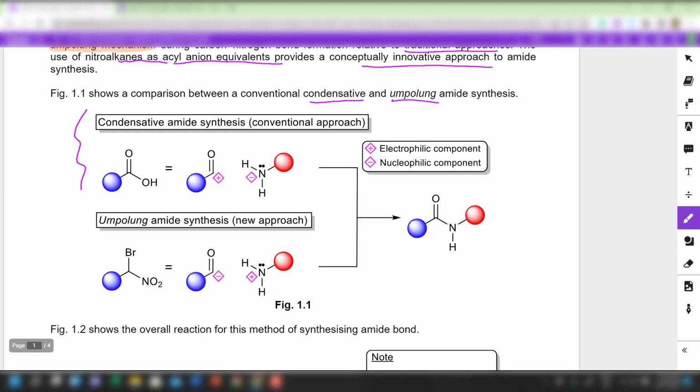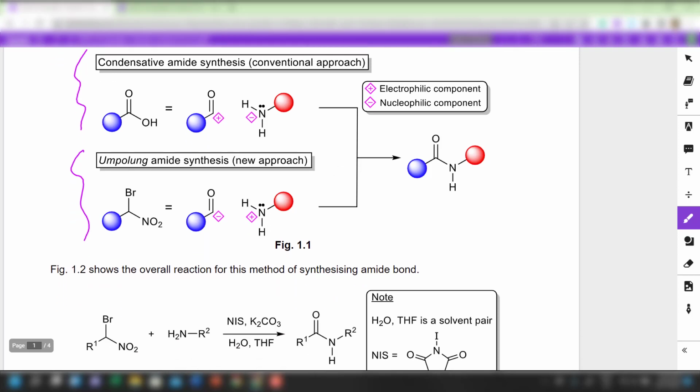Okay, so for the Umpolung approach, what is so different? You'll notice that for the Umpolung approach, the carbonyl carbon center now bears the negative charge, and the nitrogen center bears the positive charge now. So can you see the difference? From here, are you able to come up with a definition of the term Umpolung?